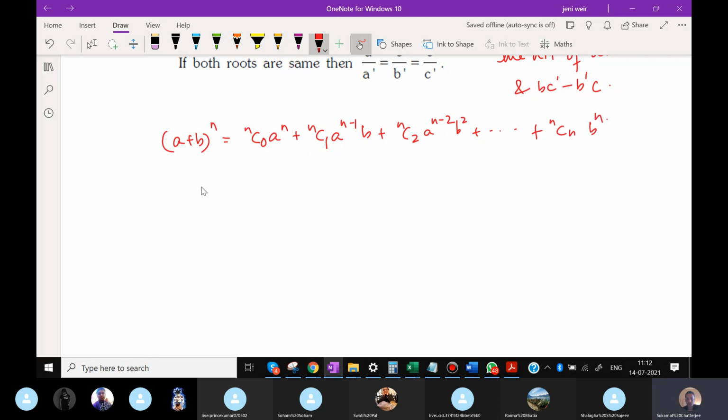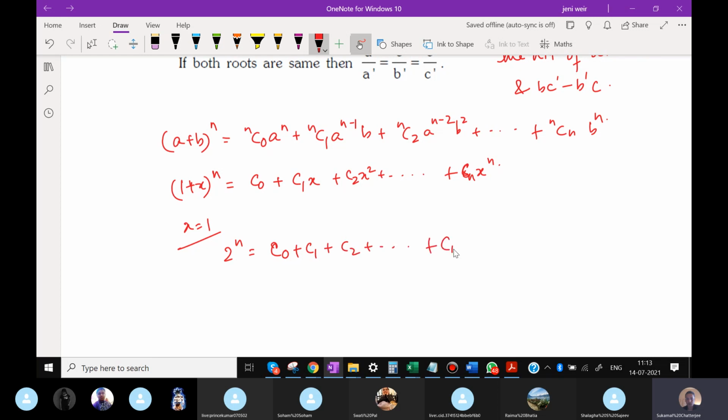Now, in place of A and B, if I have 1 and x, then this becomes nC0, and we write this, omitting the n, as C0 plus C1x plus C2x square all the way up to Cn x to the power n. So if x is equal to 1, then we get 2 to the power n equals C0 plus C1 plus C2 all the way up to Cn.